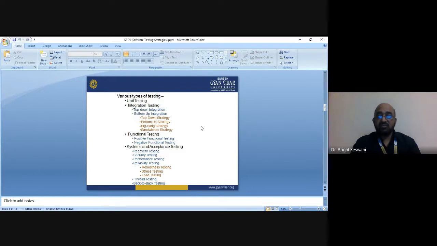So this is the Big Bang strategy. The main advantage of this approach is that it is very quick, as no drivers or stubs are needed. So this strategy is again a good strategy.